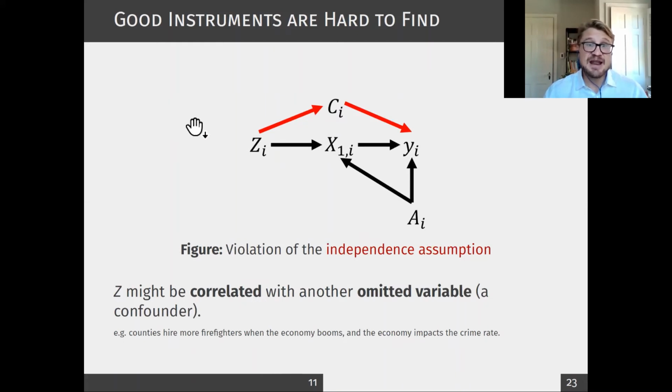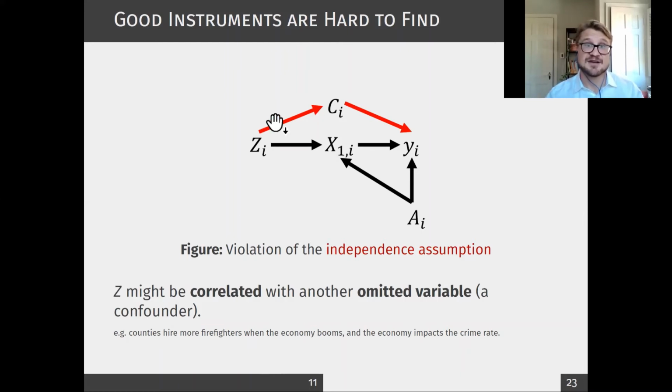And then we might have exactly the same omitted variable bias that we had with our original variable x1, with our new instrument. There could be some kind of other omitted variable that's positively correlated with both our instrument and with Y itself. For example, we could have a situation where we have economic booms.